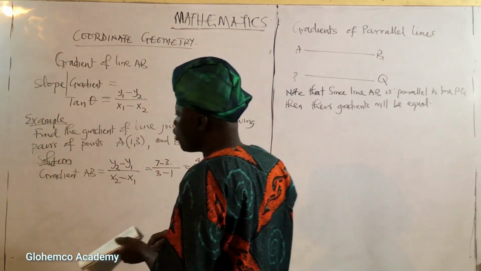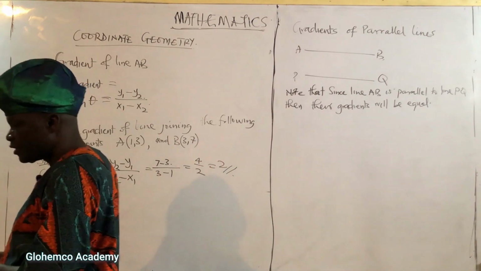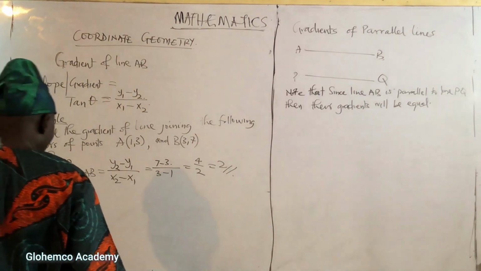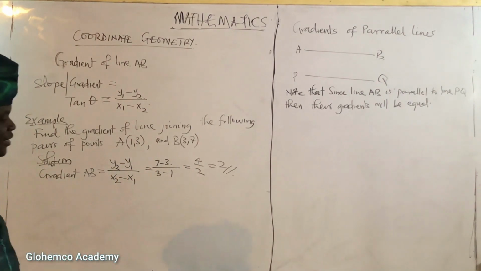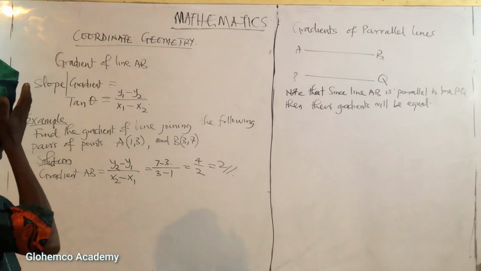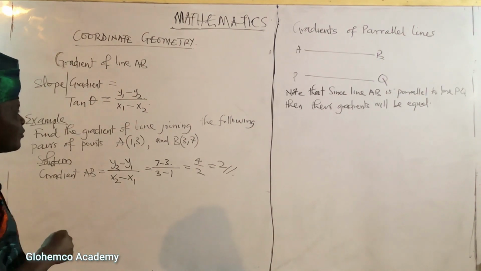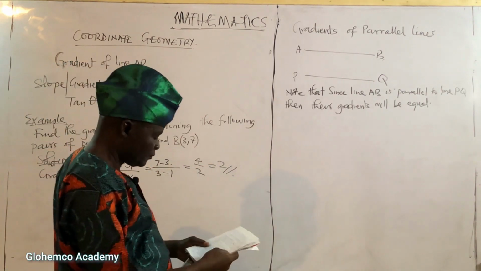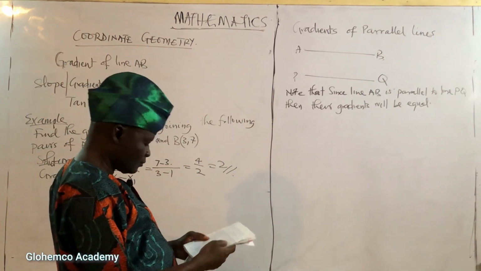They will have equal gradients if the what? If the two lines are parallel. If the two lines are parallel, they will have the same gradient. So how do we solve this?